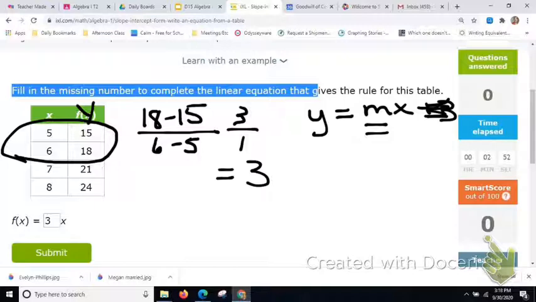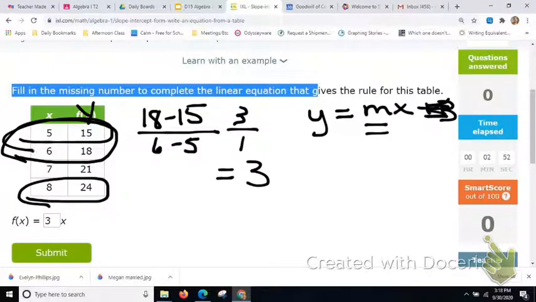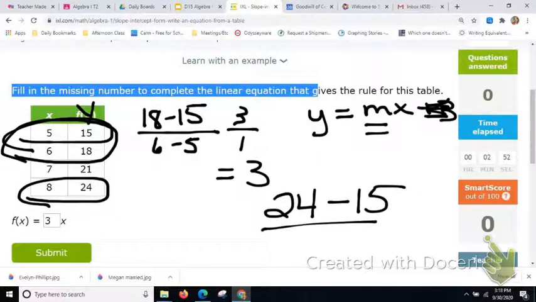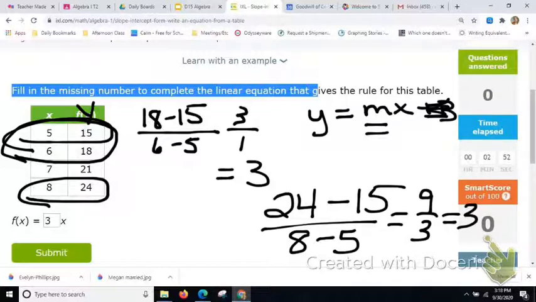Because it's linear, the slope, the rate of change, stays the same. So for instance, if I looked at this one and this one, if I did 24 minus 15 and 8 minus 5, I would get 9 over 3. And when I divide that, I still get 3.